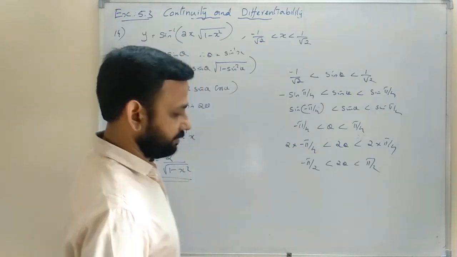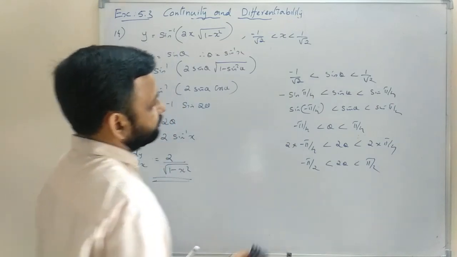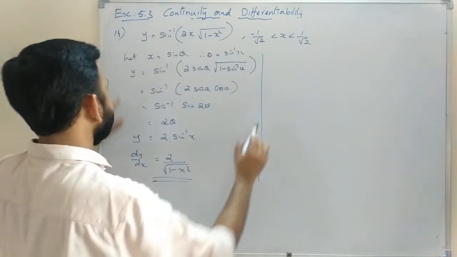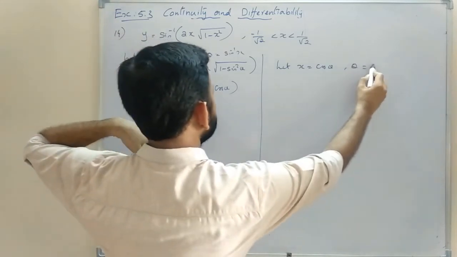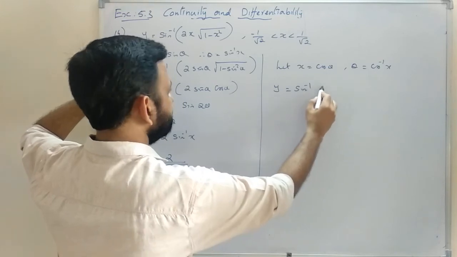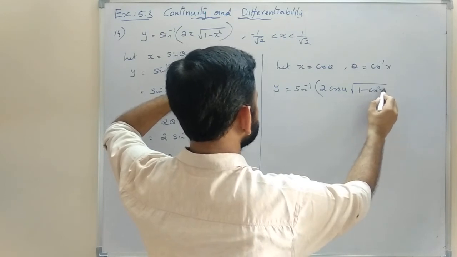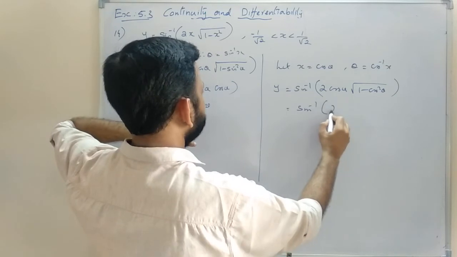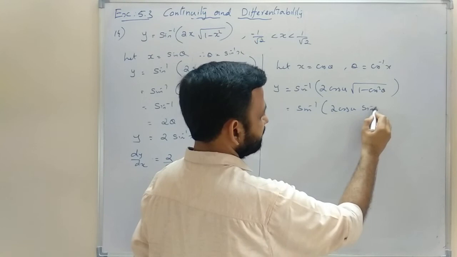But in this question, if you give the substitution cos theta, suppose we are giving the substitution cos theta here. Let x is equal to cos theta, then theta is equal to cos inverse x, then y is equal to sin inverse 2 cos theta under root 1 minus cos square theta. 1 minus cos square theta is sin square theta, under root sin square theta, that is sin theta.